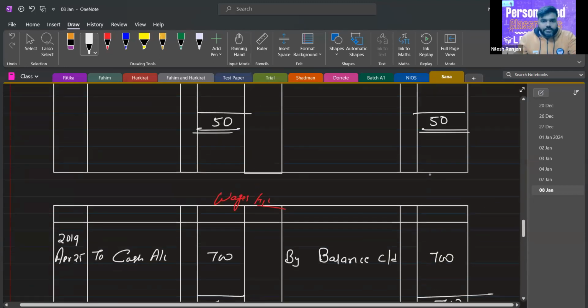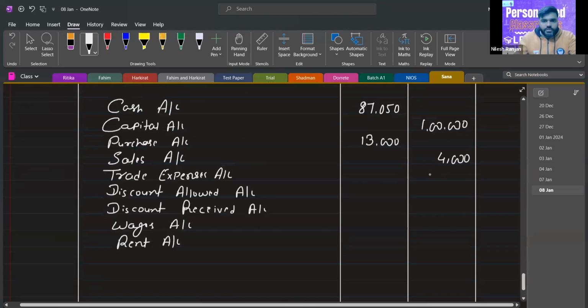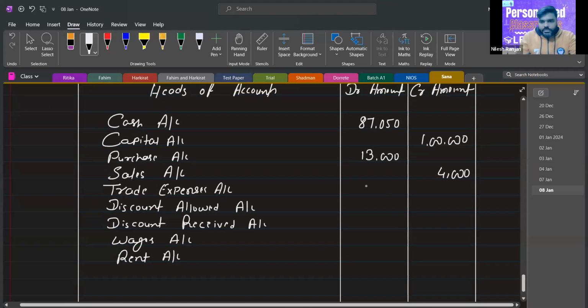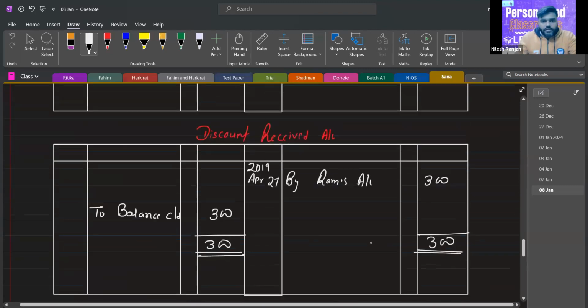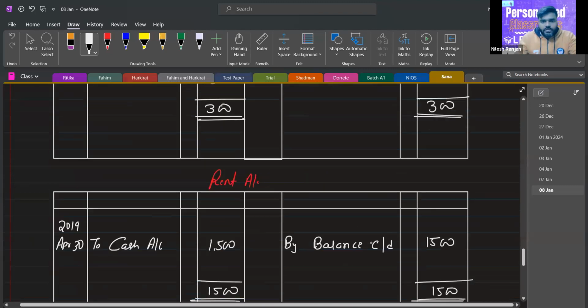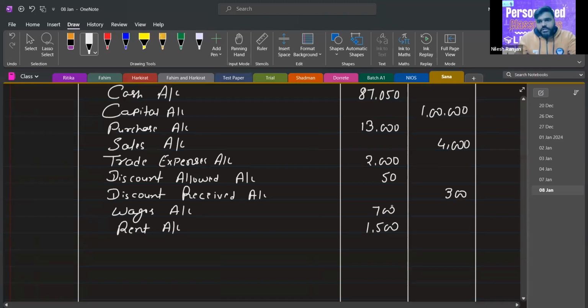Trade expenses are 2,000. Discount allowed is 50. Discount received is 300. Wages are 700 and rent is 1,500. So this is our balance.